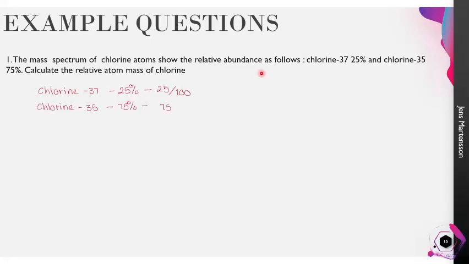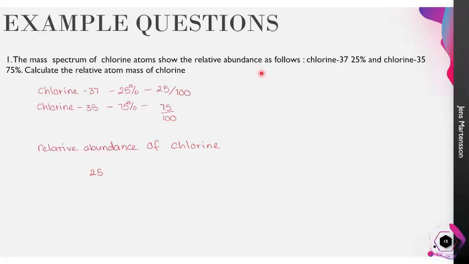Our next step to find the relative abundance of chlorine will be to take our fractions and multiply them by the mass number that we have.